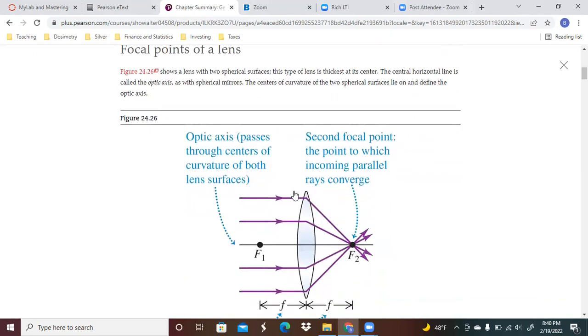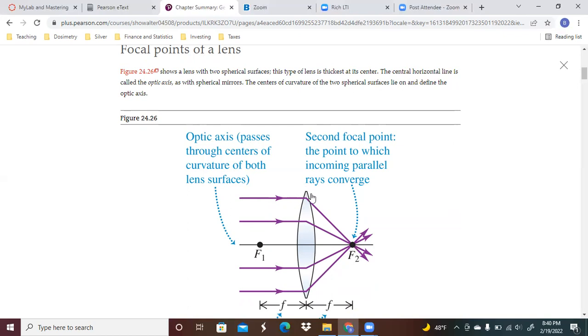So, the focal point of a lens. This figure shows a lens with 2 spherical surfaces. This type of lens is thickest at its center. The central horizontal line is called the optic axis, as with spherical mirrors. The centers of curvature of the 2 spherical surfaces lie on and define the optic axis.